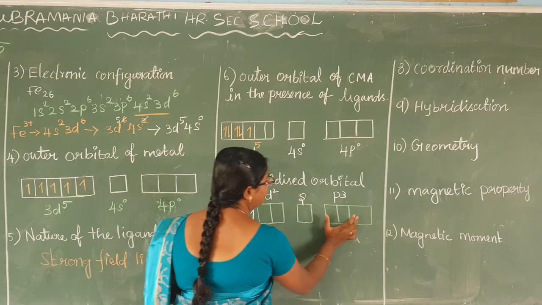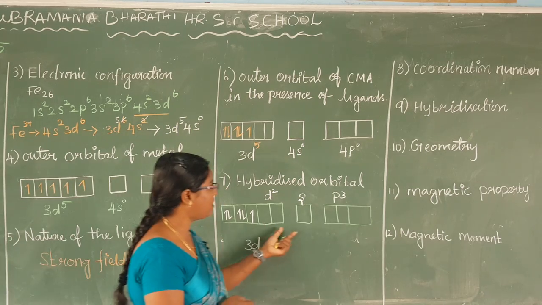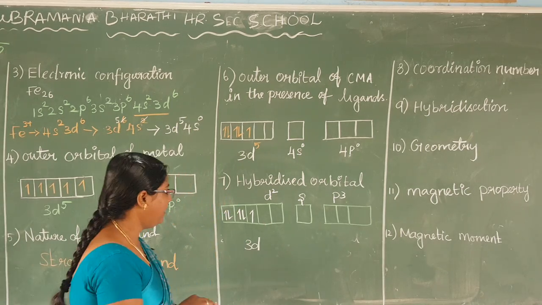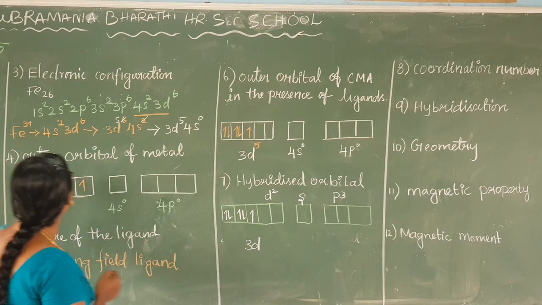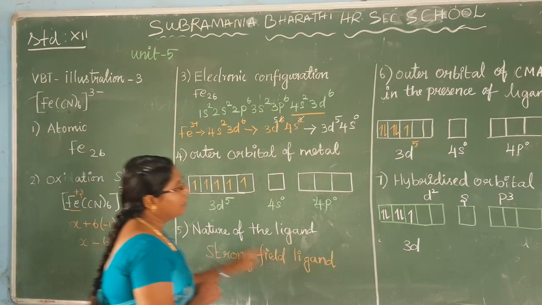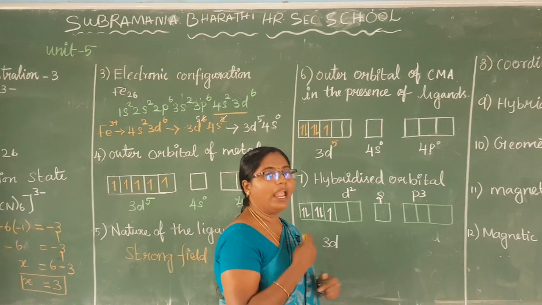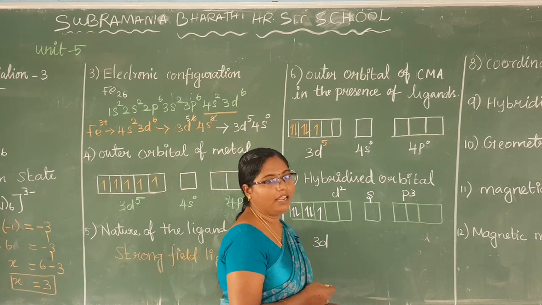These orbitals will participate in hybridization. We are having 6 ligands in our compound. What is the ligand? Cyanide. These 6 ligands will donate a pair of electrons towards these orbitals.